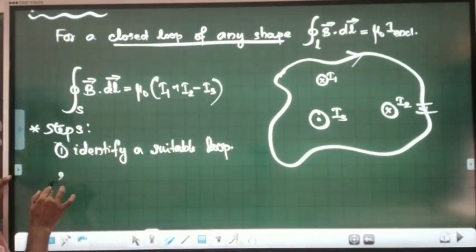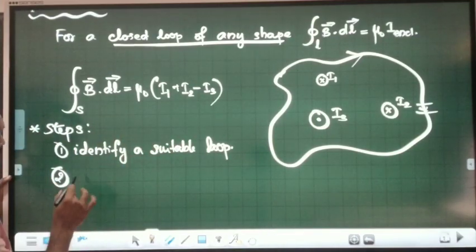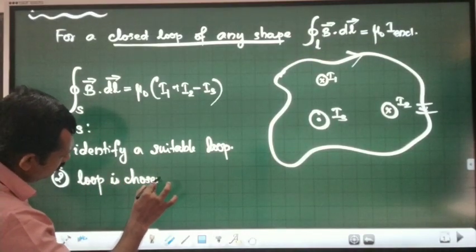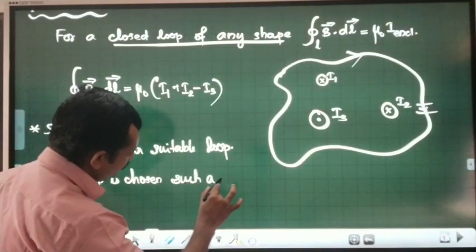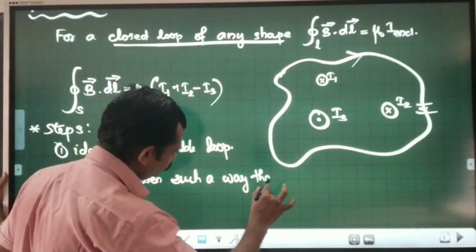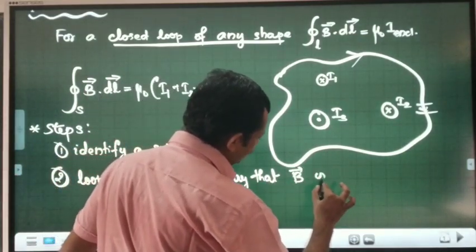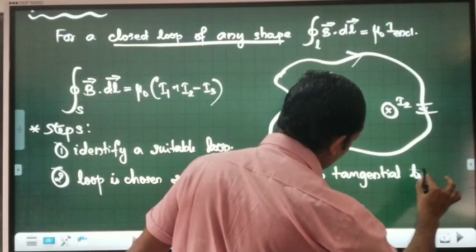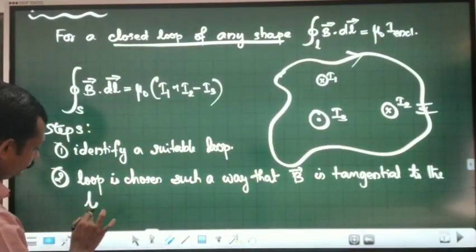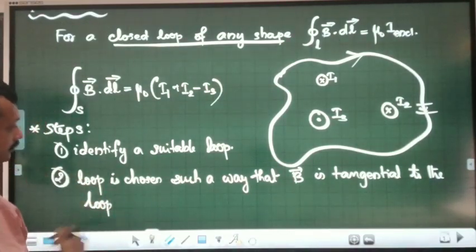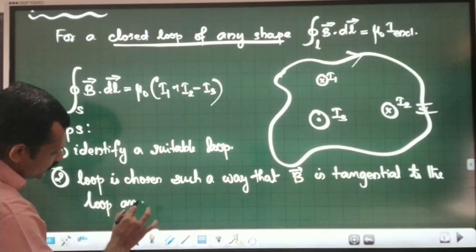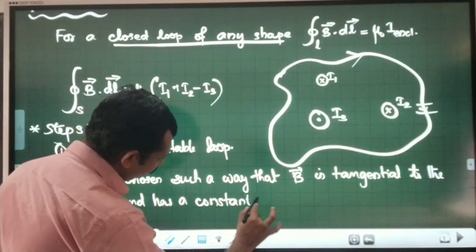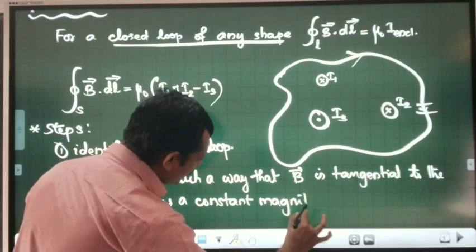Then the second point is, you have to choose the loop in such a way that the magnetic field is tangential to the loop, as far as possible, and has a constant magnitude.